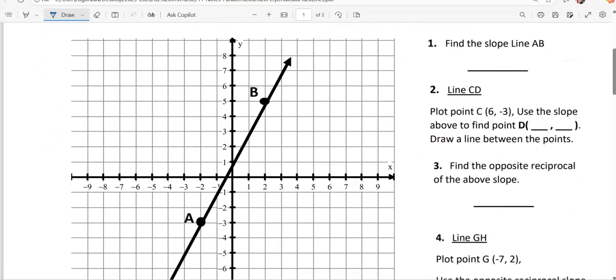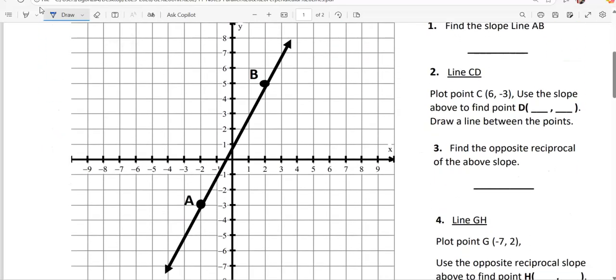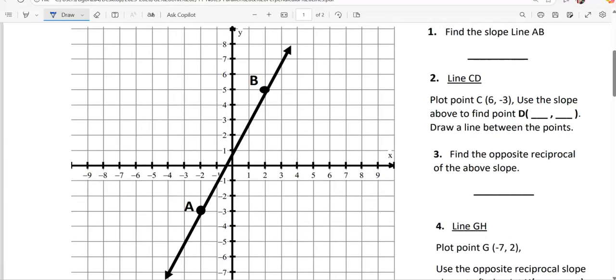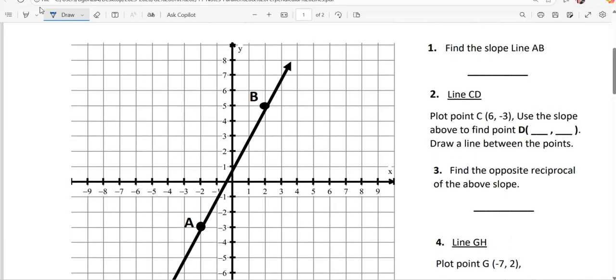Let's talk about it. On this picture, I have a line with 2 points, okay? Write this down. Always start on the left. Just like you're reading in English from left to right, or Espanol from left to right.